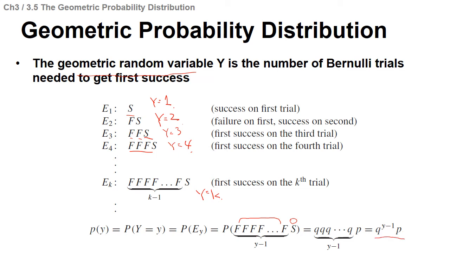So this is the probability for a given simple event. And we say that Y follows the geometric distribution with parameter p in this case.